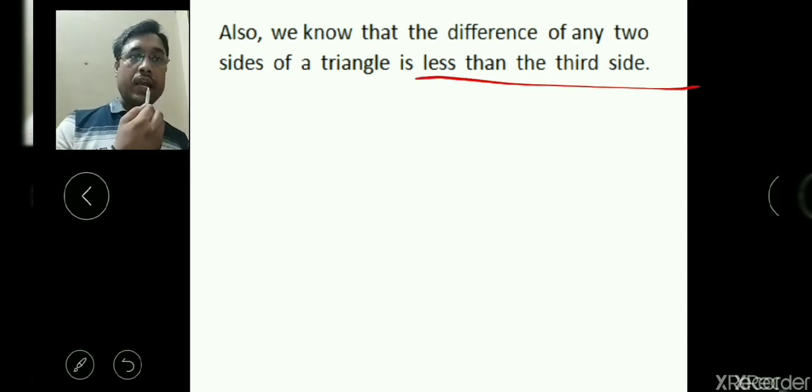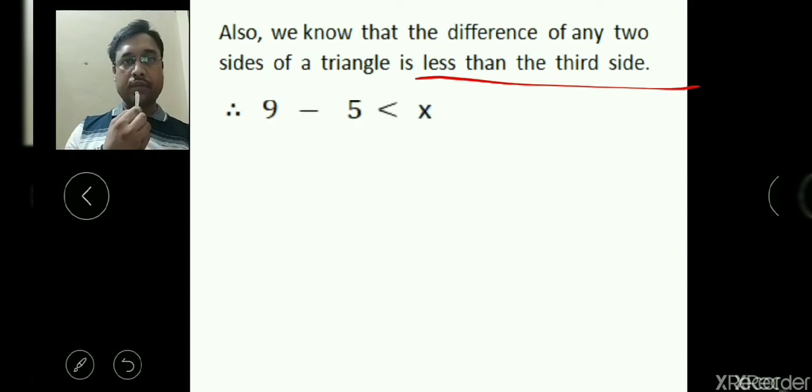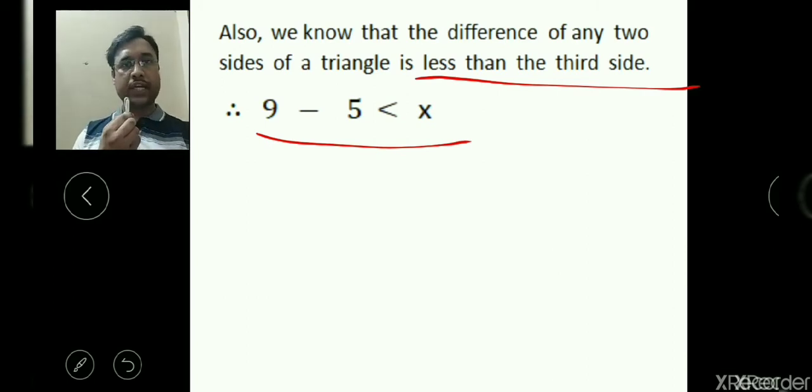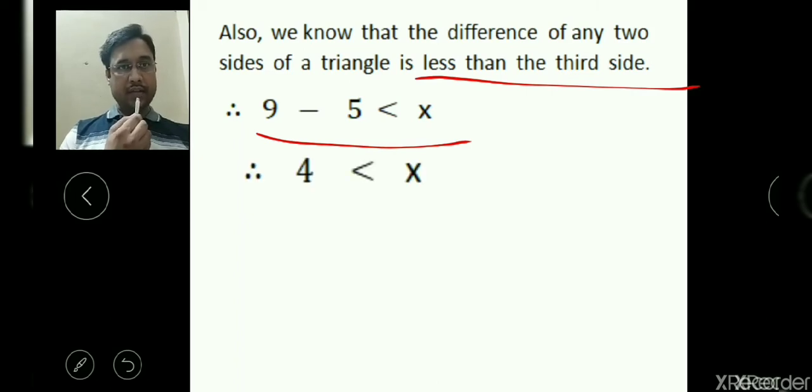Then 9 minus 5 is less than x, because the two sides given are 9 and 5. You should subtract the smaller side from the greater side, greater minus smaller. So 9 minus 5 is less than the third side x. Therefore 9 minus 5 is 4, so 4 is less than x.